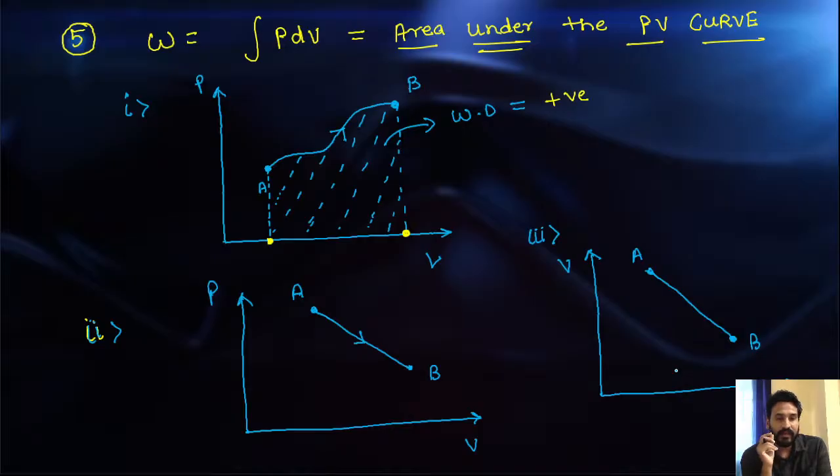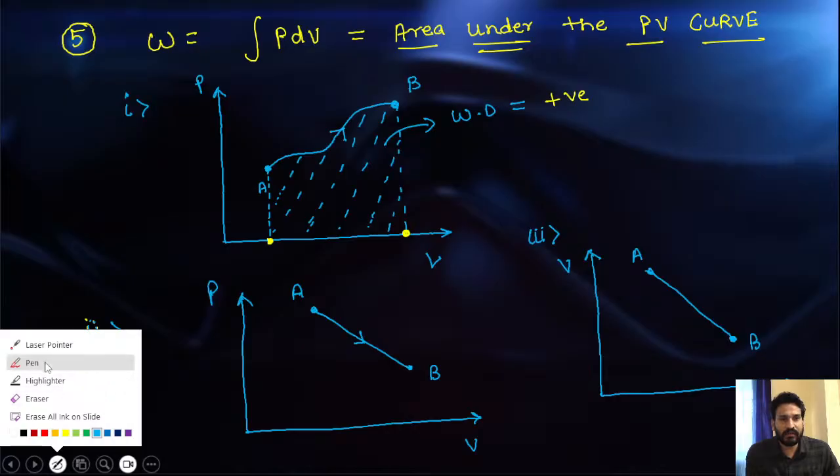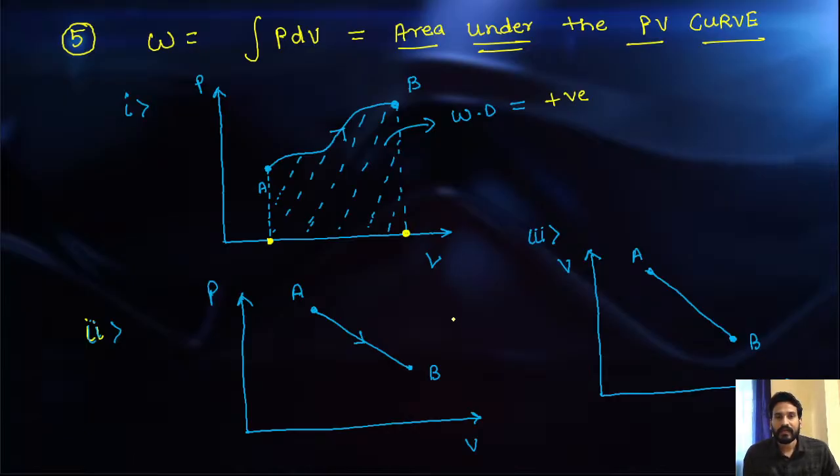That's why I always explain these things with the help of the graph. See, if you are saying that in this case there is work done on the system, if work is done on the system, it means the volume is decreasing. Yes, it is so obvious that this graph has a decreasing slope.